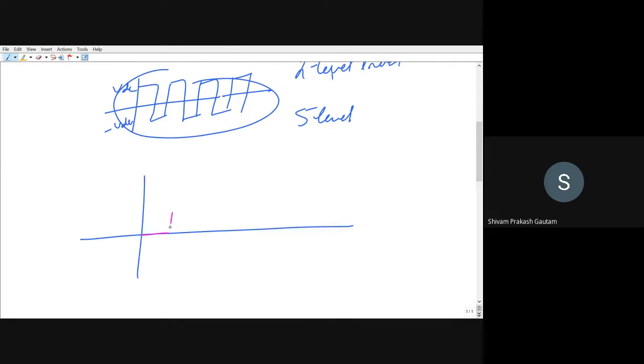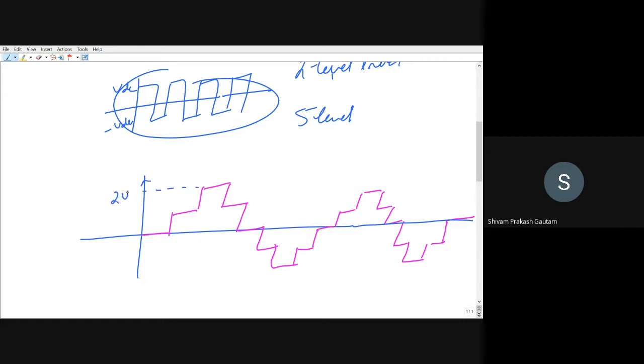It looks somewhat like this, where this can be your VDC or 2 VDC, whatever you want. This can be your VDC. This will be again minus VDC, and this will be minus 2 VDC.